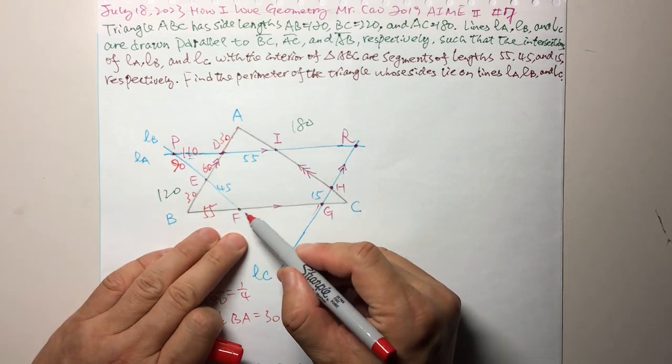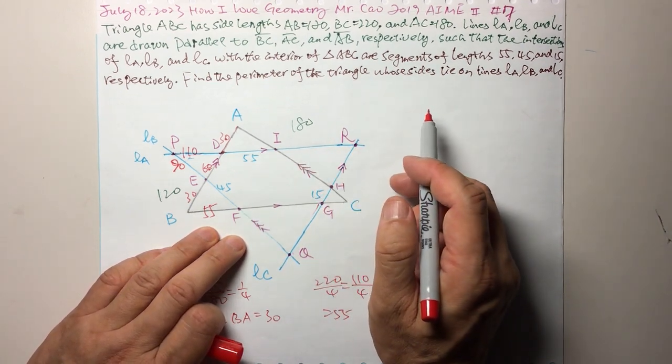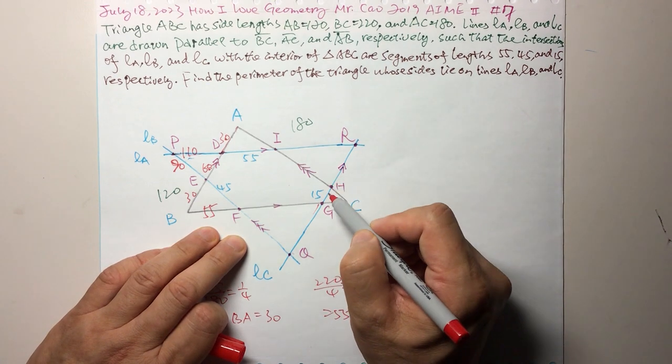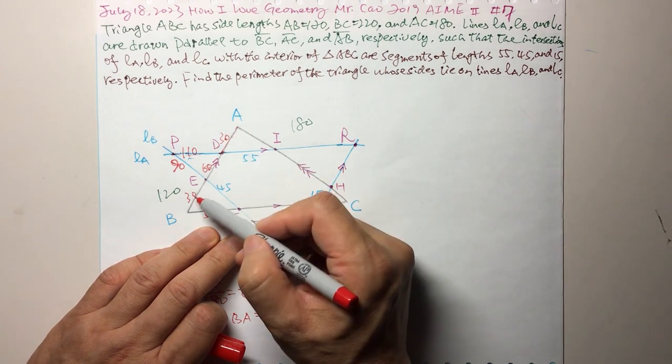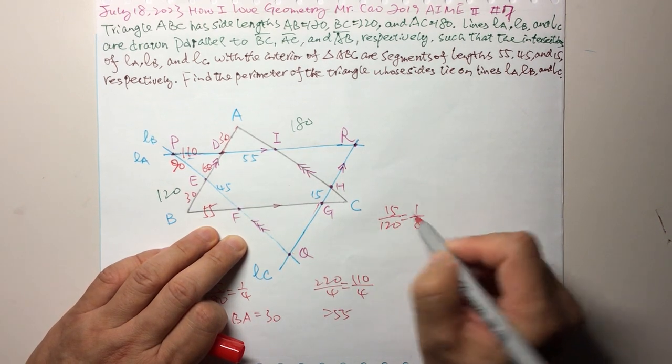Now we will calculate the remaining sides the same way. How much for this one? 15 over 120 is 1 to 8. Also, CH to CA is 1 to 8.